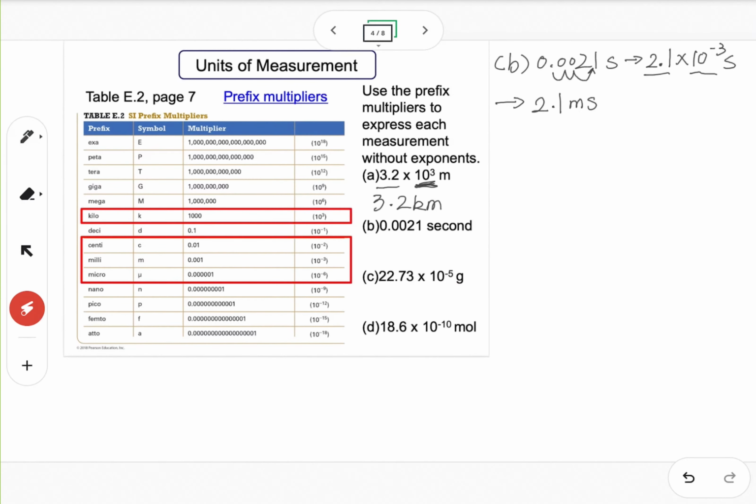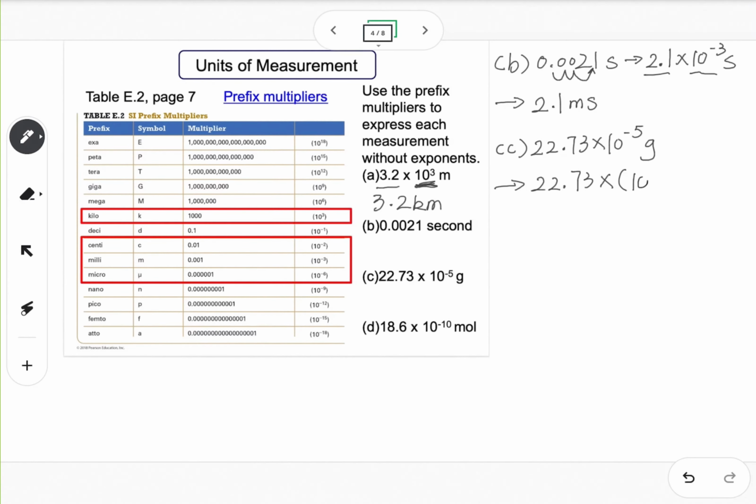I keep the 22.73 the same, and then I split 10 to the negative 5 into 2 parts. The first part is 10 to the negative 6. The second part is 10 to the 1. Why do I split this 10 to the negative 5 into 2 parts? 2 reasons.